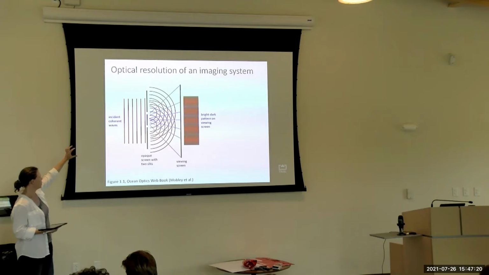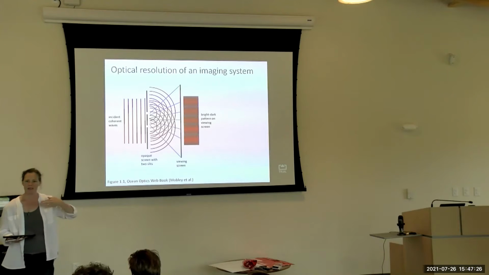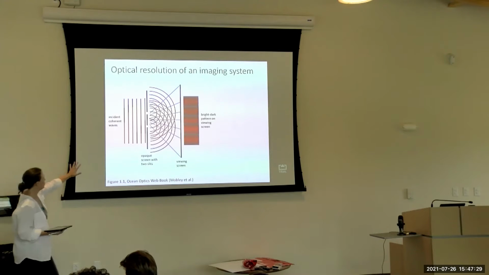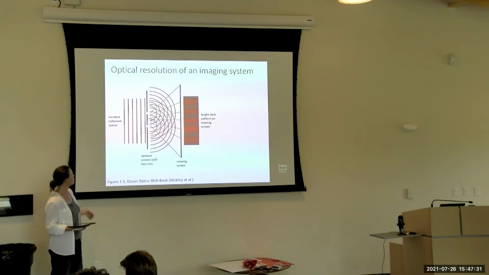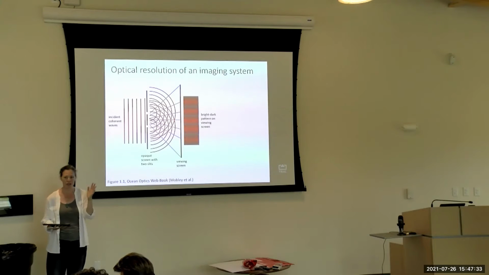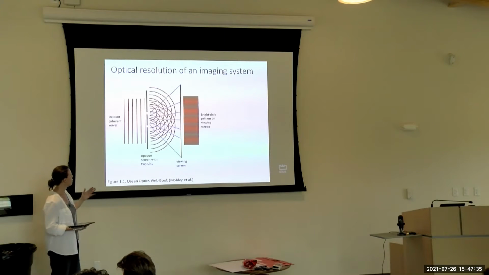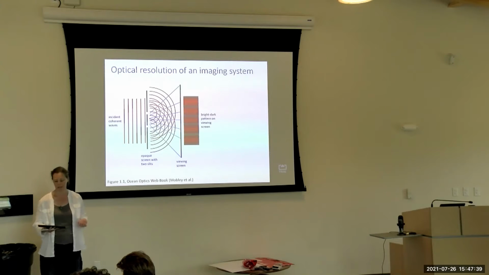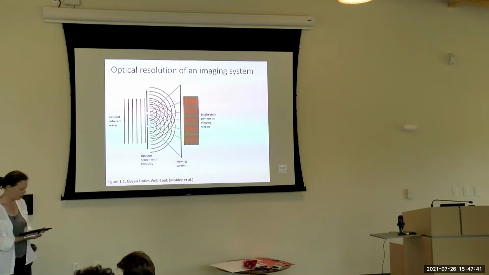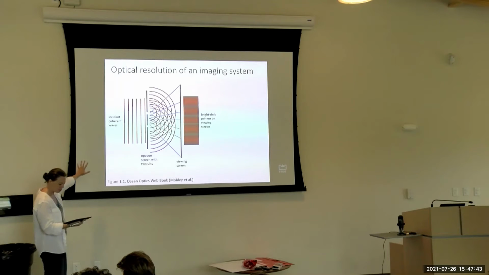This is two pinholes or two slits in a barrier, and if you have incident coherent waves that pass through there, they're going to create two diffraction patterns that are going to constructively interfere with one another and create this bright dark pattern on the screen that the light is on the far side.